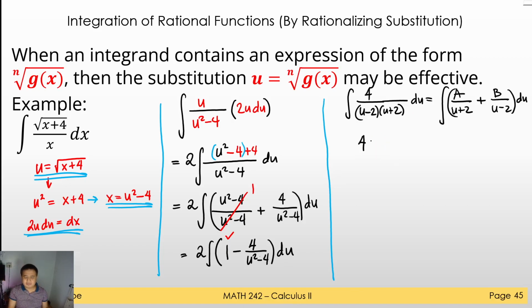Solving for this, simplifying and equating, it will yield 4 is equal to a times u minus 2, plus b times u plus 2.